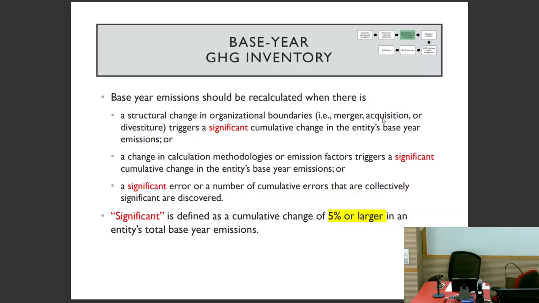Just like the example that I used earlier. Company A is buying company B in 2020. And if the emissions of company A together with company B in 2005, which is the base year, result in more than a 5% increase compared to just company A, then you may recalculate the base year emissions.